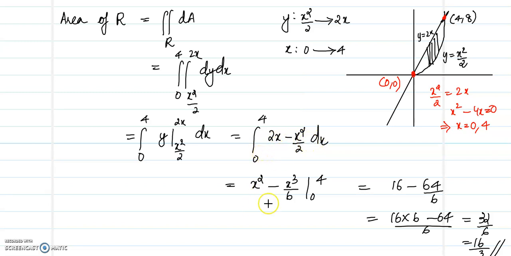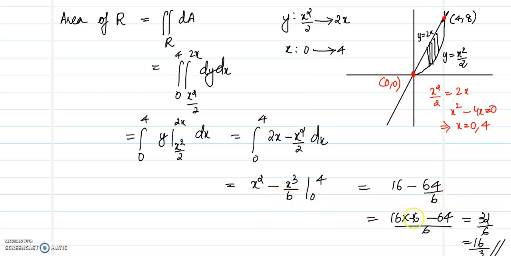Now integrate this. So you'll get x square minus x cube by 6, from 0 to 4. That will give 16 minus 64 by 6. At 0, both the values will be 0.